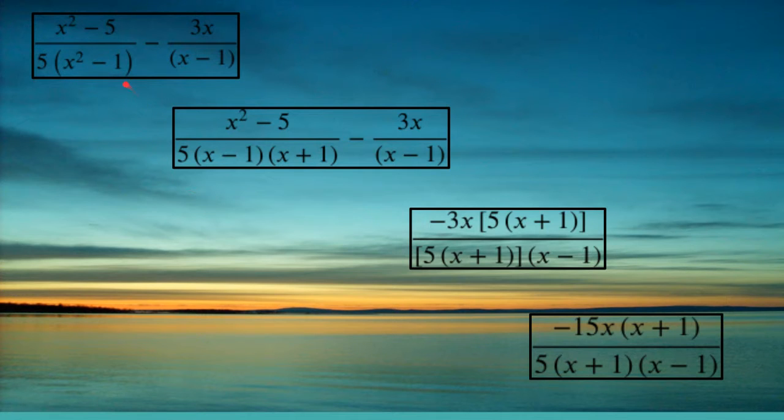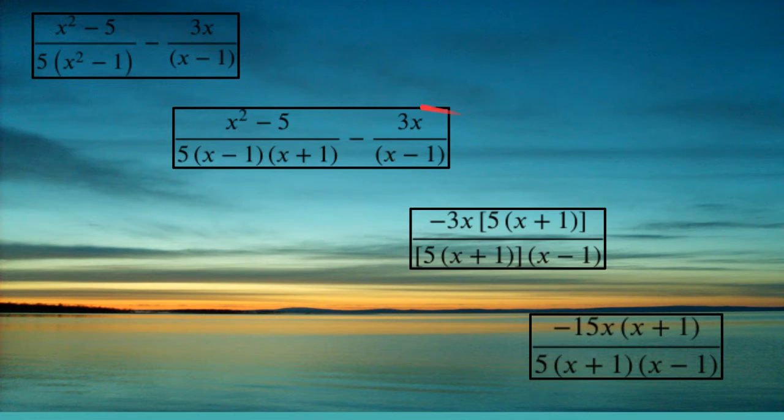As I said before, x squared minus 1 equals (x minus 1)(x plus 1), because negative 1 times 1 equals negative 1. So you're left with this.